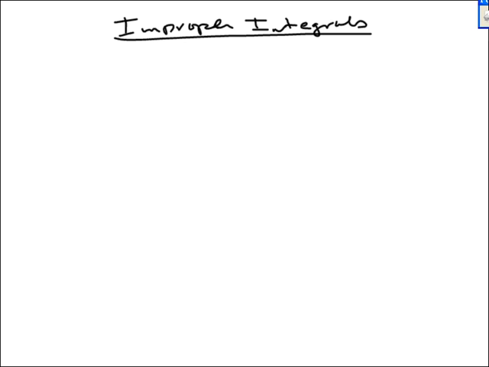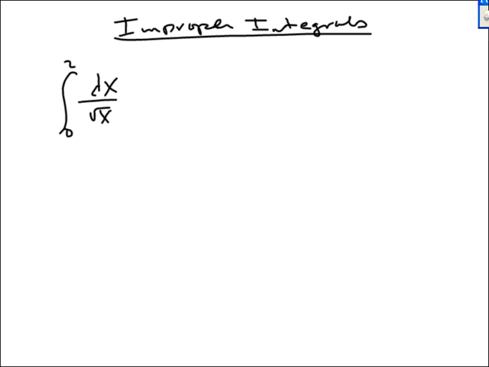For example, if you were going to try to integrate from 0 to 2 of 1 over the square root of x dx, 1 times dx is just dx, you can't really integrate by 0.